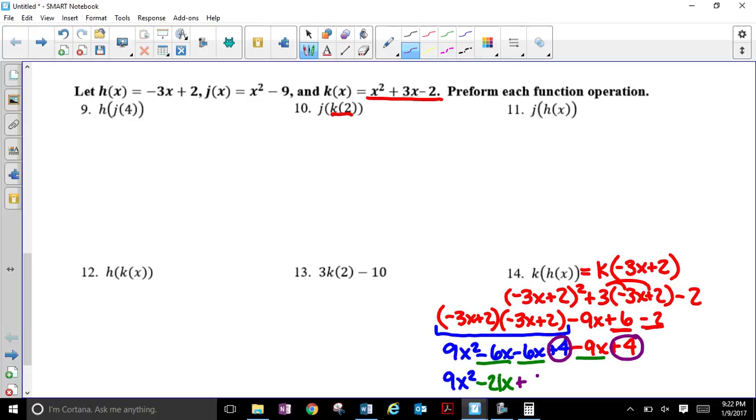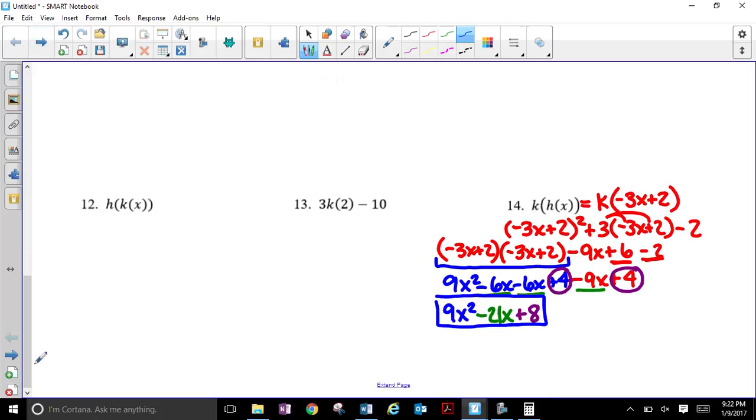So adding those like terms would give you plus 8. That should be your final answer. Hopefully that's what I had on my answer key. I don't have my answer key in front of me. Okay, but just remember that if you have a binomial in here and it's raised to the second power, you're actually FOILing that out.